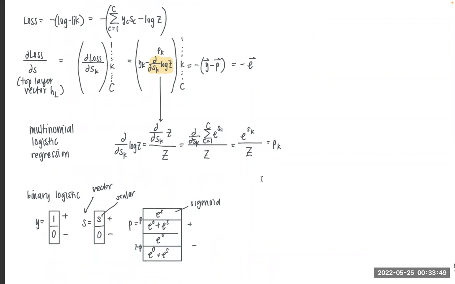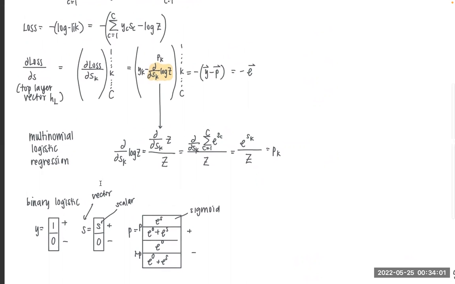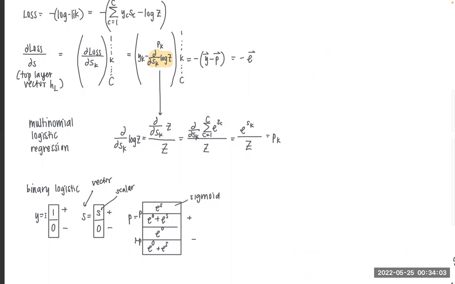You may wonder what the relationship is between this softmax multi-category logistic regression, or multinomial logistic regression, and binary logistic regression. In binary logistic regression, we can actually write y to be 1 or 0. So for example, we have two categories, positive or negative, and then we can use one hot vectors, like 1 0 or 0 1.